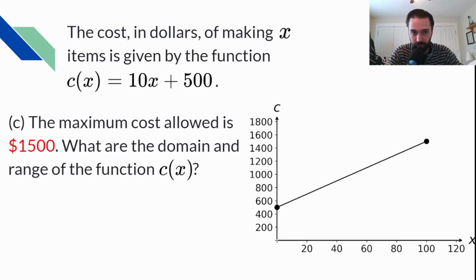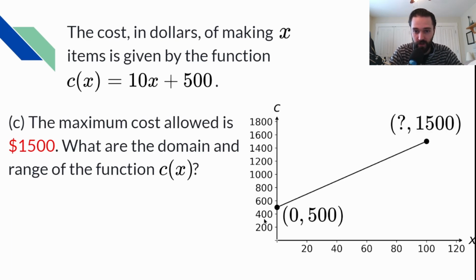One more part to this problem. It tells us that the maximum cost allowed is $1,500. So the company that's making these items is not looking to spend any more than $1,500. We plug in some value for x, and we get 1,500 up here, and we need to find out what that x value is because we're asked what are the domain and range of the function C of x.